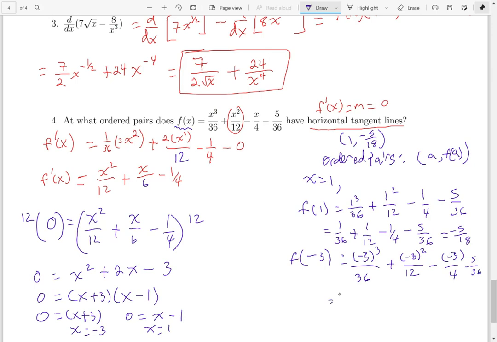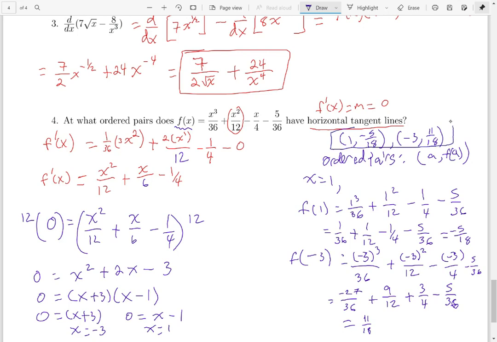Negative 3 cubed is negative 27 over 36 plus negative 3 squared is positive 9 over 12. Minus times minus is going to be plus 3/4 minus 5/36, which I get to be 11/18, which means that my second ordered pair is negative 3, 11/18.